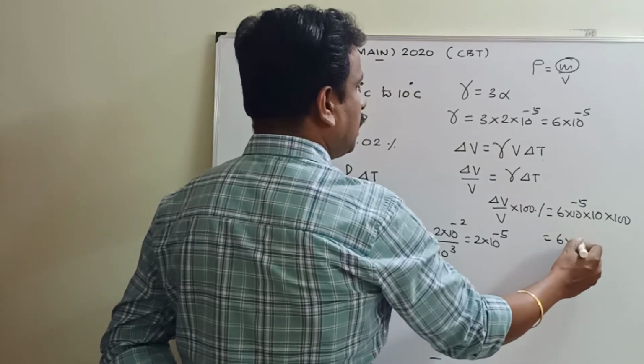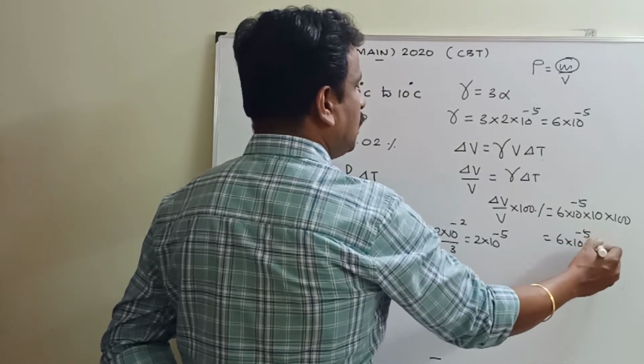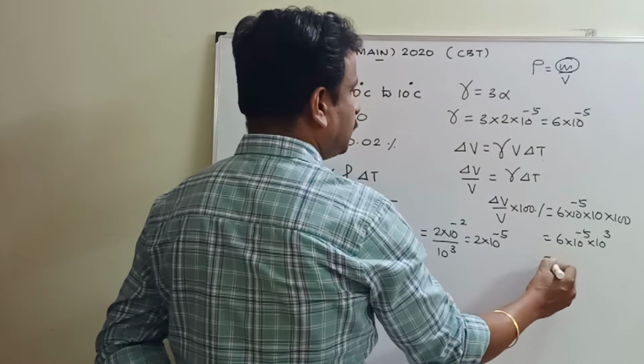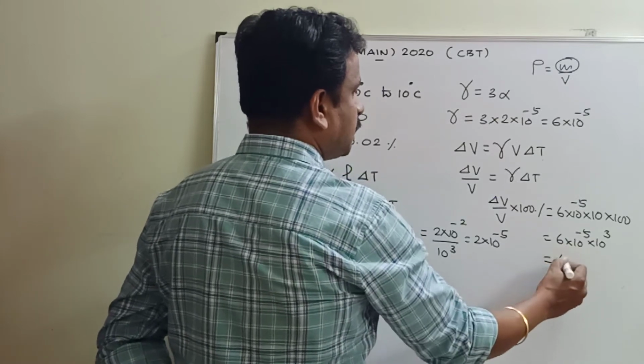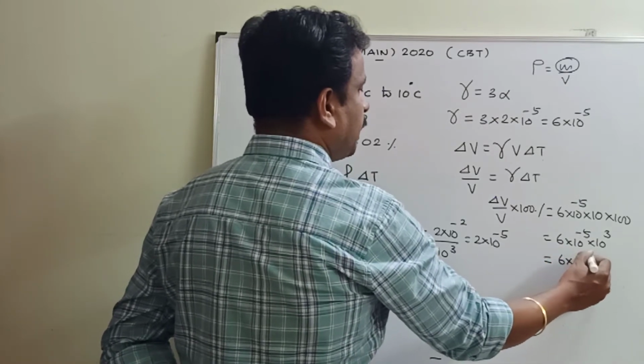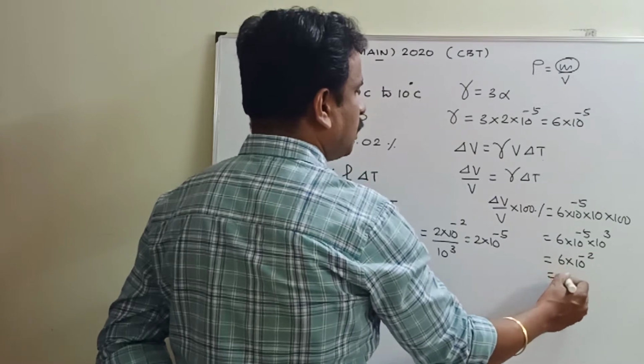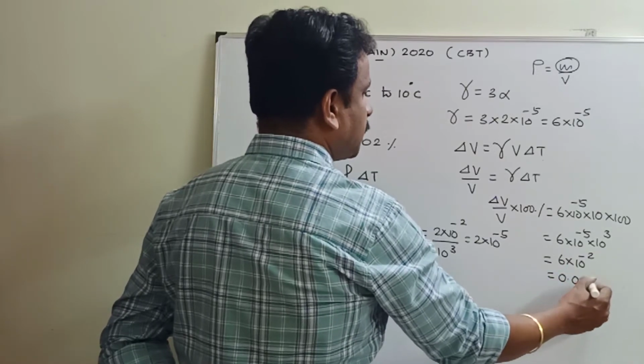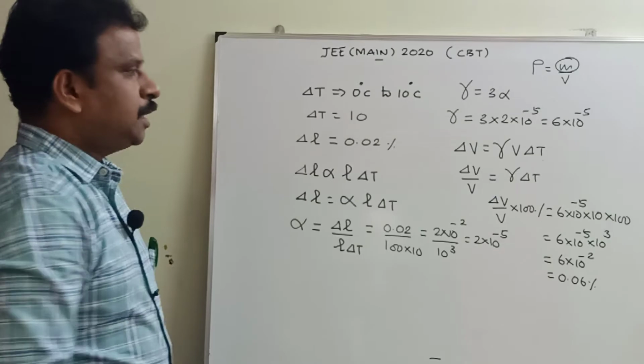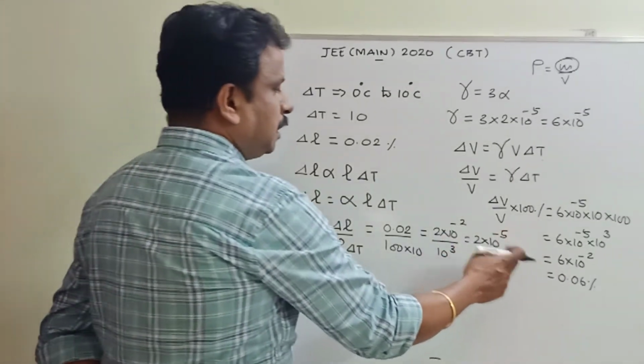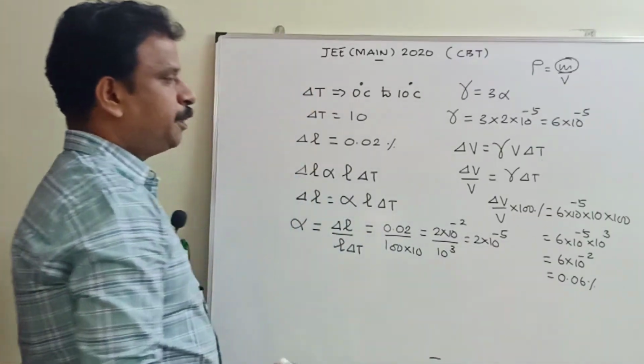So, 6 into 10 to the power of minus 5 into 10 cube is equal to 6 into 10 to the power of minus 2, which is 0.06%. So the volume expansion in percentage is 0.06%.